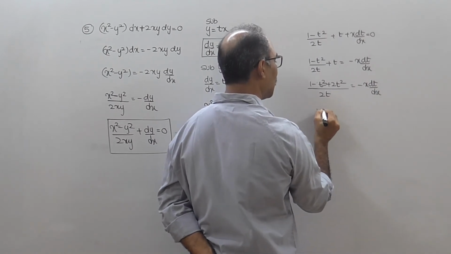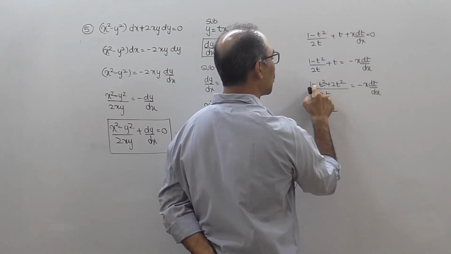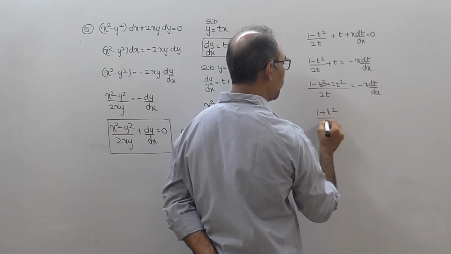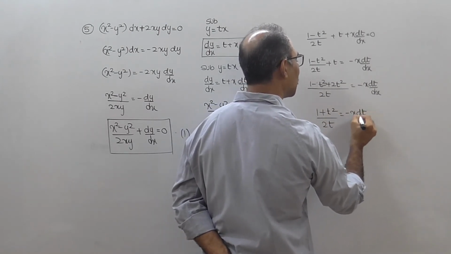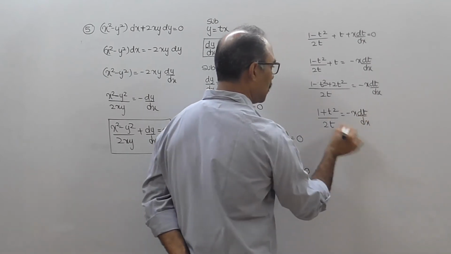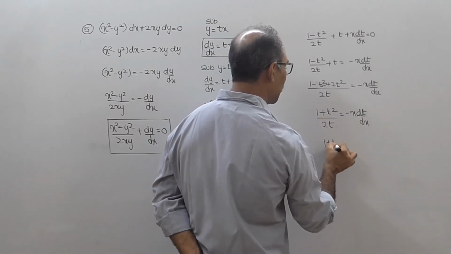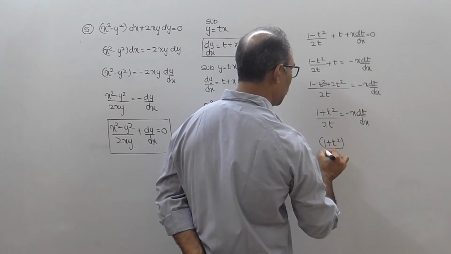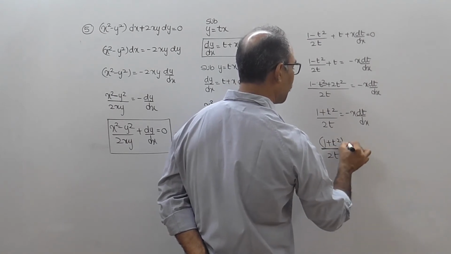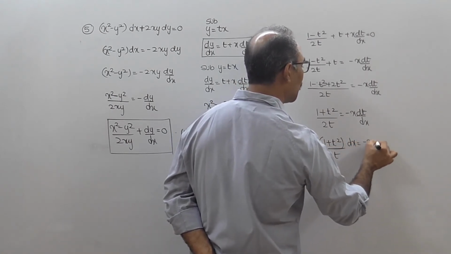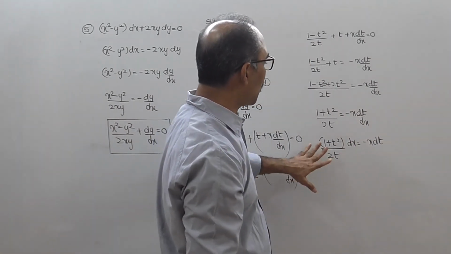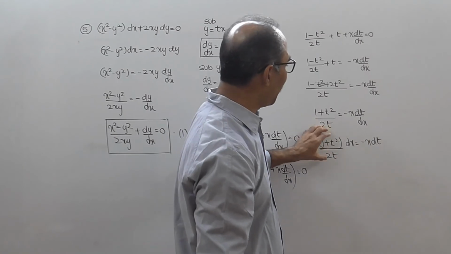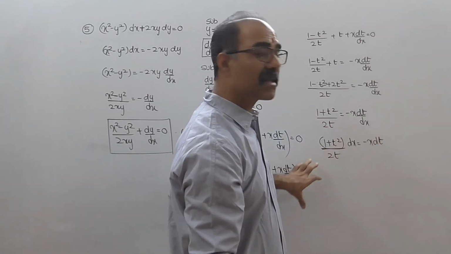So 1 plus t square will come, because minus t square plus 2t square will become t square, upon 2t, that is equal to minus x dt by dx. Cross multiply the dx, we get 1 plus t square the whole upon 2t into dx equal to minus x dt. Why I am doing this is because now it is easy to take all t terms with dt and x terms with dx.